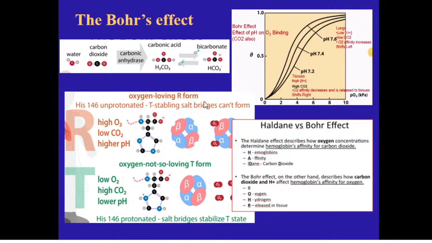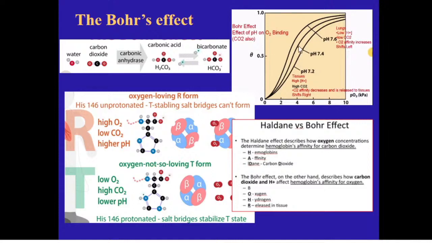So this phenomenon is named the Bohr effect. It means that pH affects oxygen binding by hemoglobin. Look how this sigmoid curve is shifting left or right in dependence on change of pH.